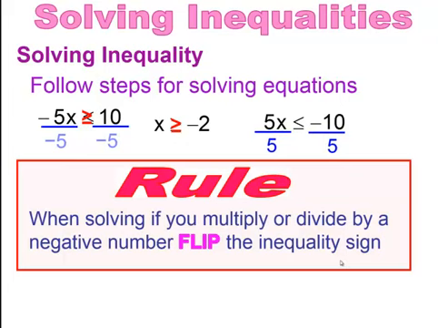It just matters what's attached to the variable and what you need to do to get the variable by itself. So in this case, the inequality symbol would not flip, and my solution would be x is less than -2. So I'm just trying to show you where this rule would apply when you're solving inequalities. And you only really need to think about this rule at the very last step.